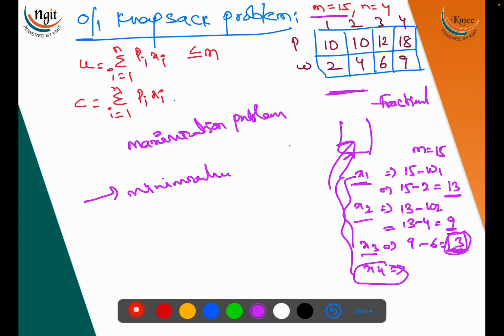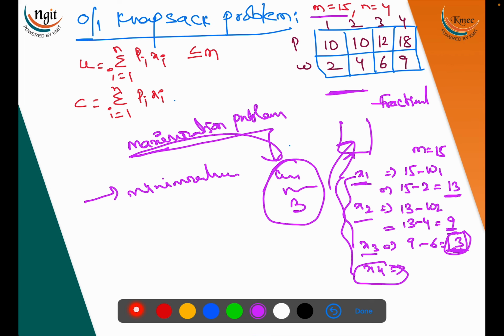We also discussed that the other methods, greedy method, dynamic programming, backtracking, are for maximization problems. The problem here is a maximization problem, but we are not going to use those approaches. Though it is not a minimization problem, we are going to approach it with branch and bound.